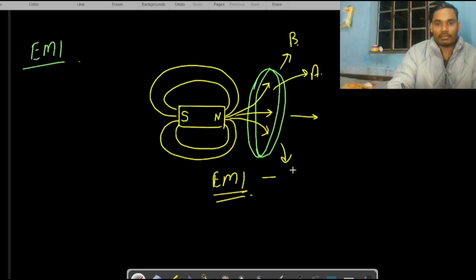Okay, so this is the phenomenon of electromagnetic induction. The phenomenon says voltage is induced in a loop of wire when we change magnetic flux.